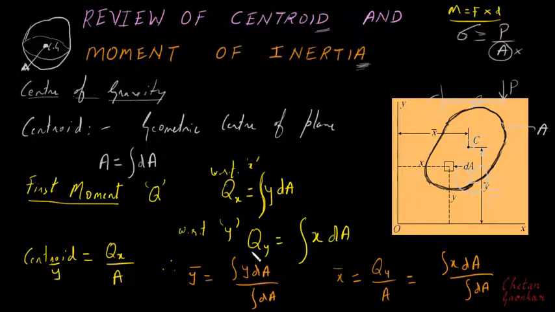So just to revise, centroid is the geometric center of the plane, and if the plane is of uniform density, then the point C, which is the centroid, matches with the center of gravity for this plane.